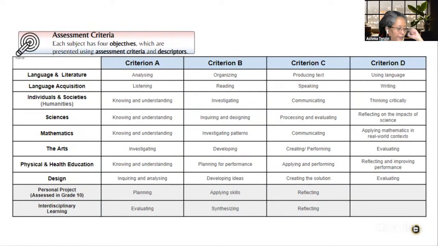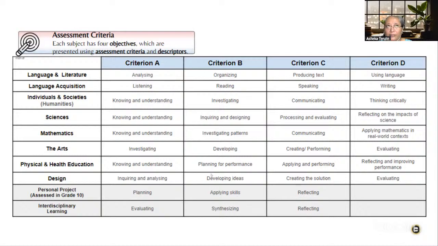So this is the assessment criteria which are there. And this I have taken from one presentation made by Mr. Stephen Tyler. He is one of the MYP educators, science educators in a school in China.